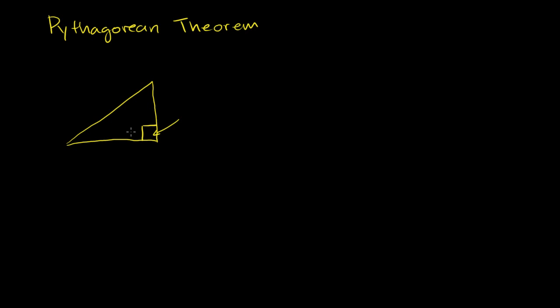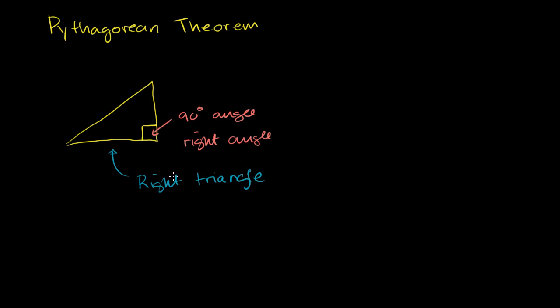That is a 90 degree angle, or we could call it a right angle. And a triangle that has a right angle in it is called a right triangle.